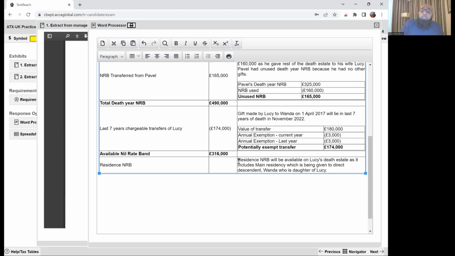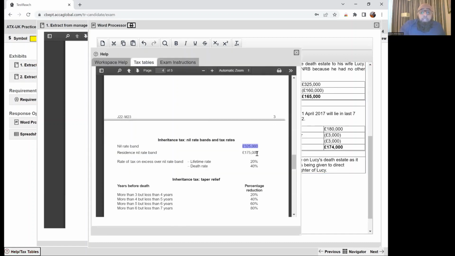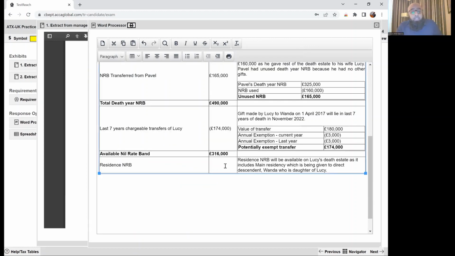So residence NRB will be available. If you look at the tax rate sheet, the residence NRB is 175,000. So 175,000 of residence NRB will also be available.